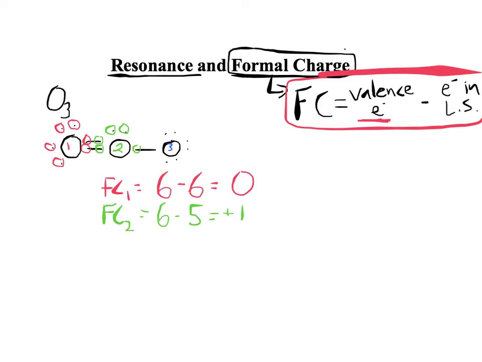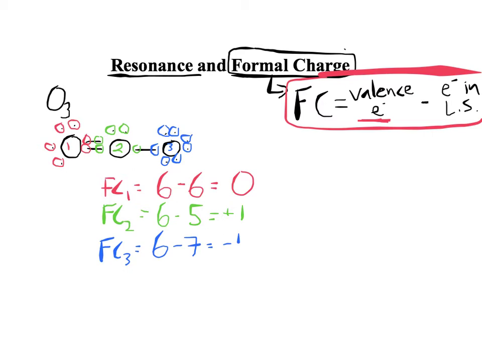And last but not least, the atom on the right, atom 3. Well, it's still an oxygen atom, so it still would have 6 valence electrons. Then let's count how many electrons are around it in the structure. 1, 2, 3, 4, 5, 6, 7. 6 minus 7 gives us negative 1.